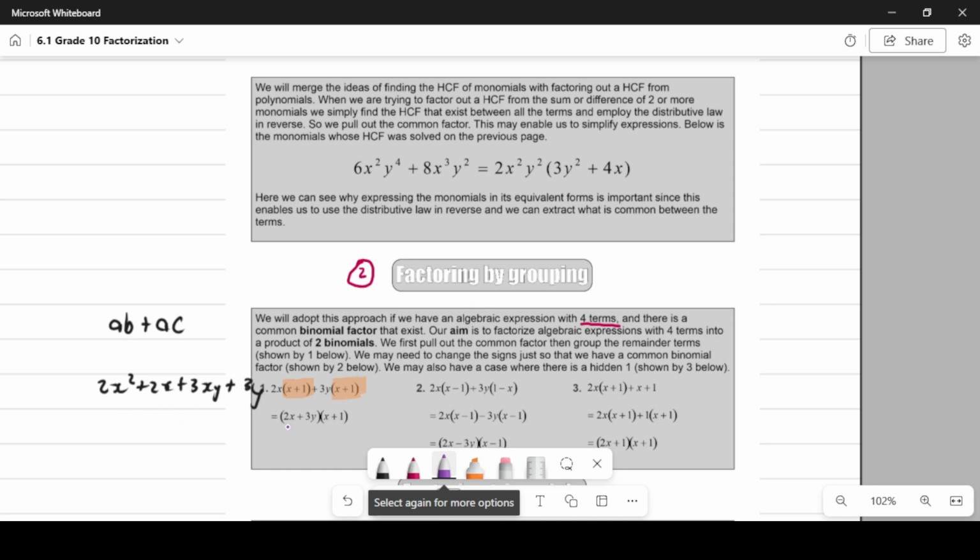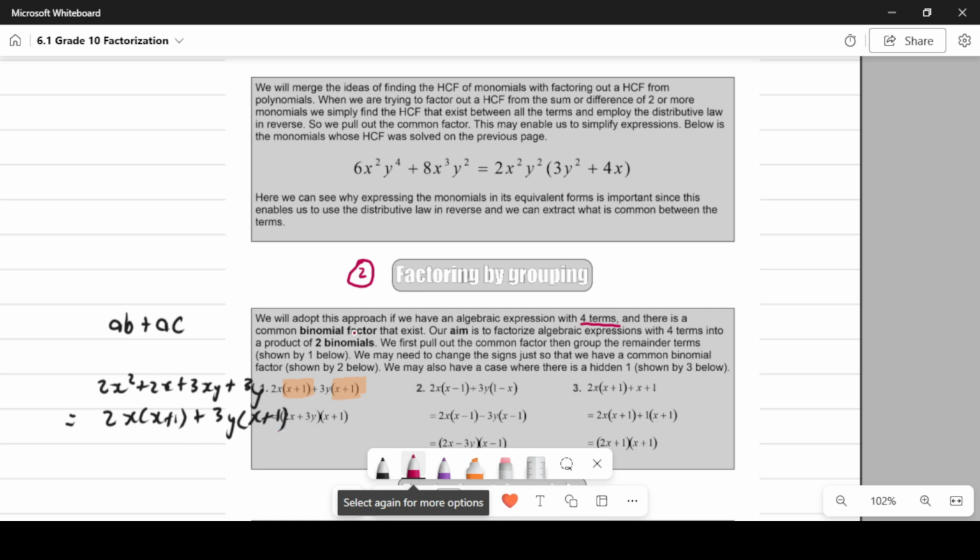That's the reason why, if you work this question mentally, you must be able to say, okay, in this term and this term, I have 2x as a HCF. So therefore, it'll be 2x into x plus 1. Then you'll say, okay, in this term and this term, I have 3y as a HCF. So 3y into x plus 1. Then I notice, oh, you know what? I actually have a common binomial factor.